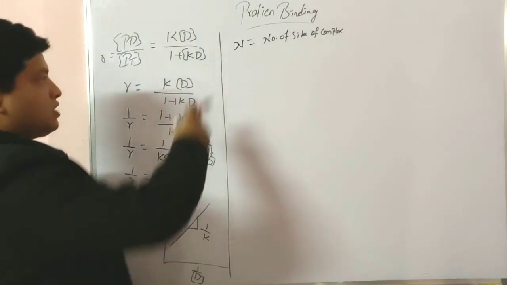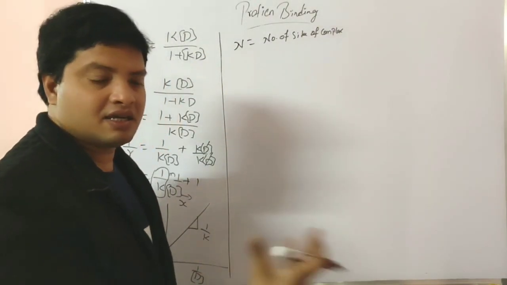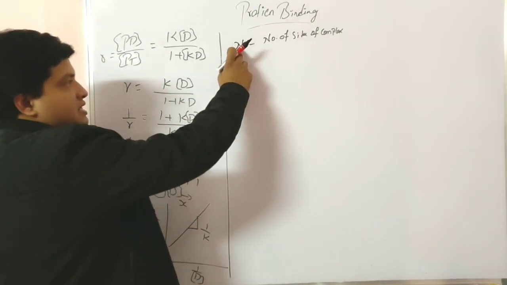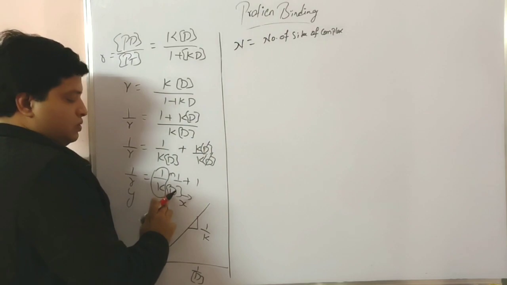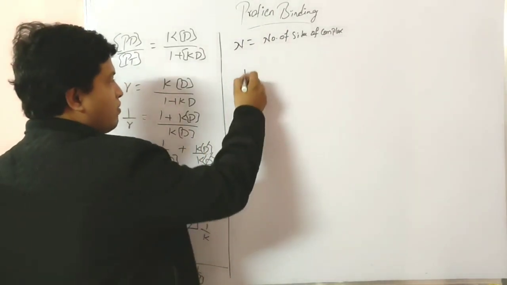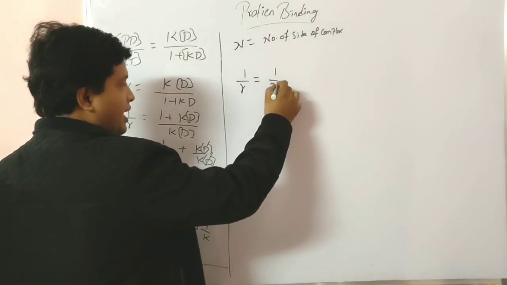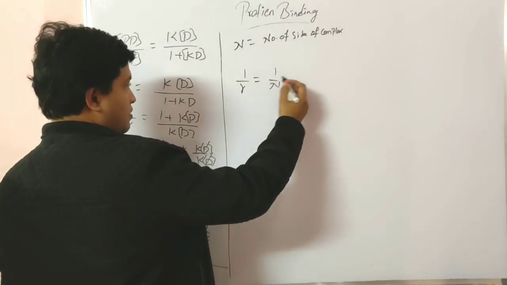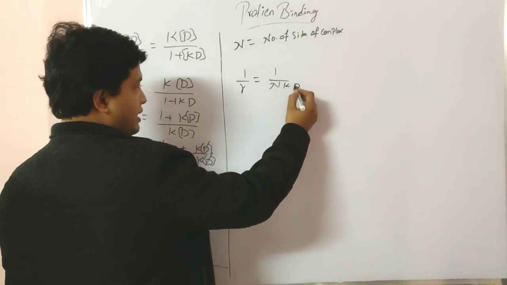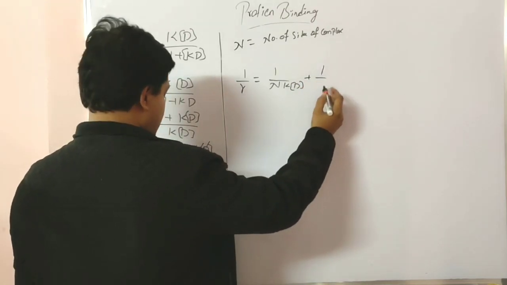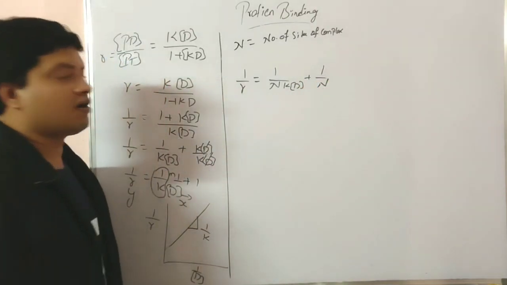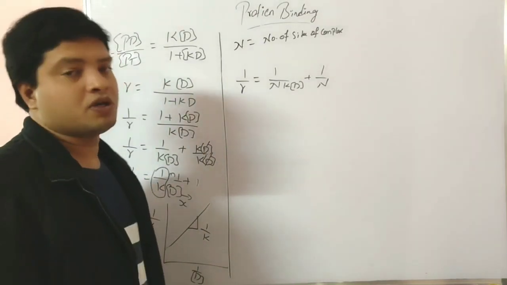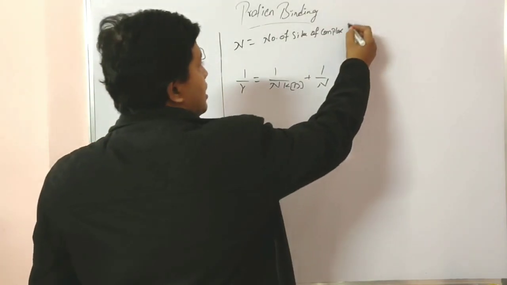So I want to know how many sites the drug will bind to one protein. To determine this, just multiply this value to this equation. You will get 1 by r is equal to 1 by n multiplied by 1 by K and d plus 1 by n. N is the number of sites, number of sites for complexation, for adsorption, and for binding.